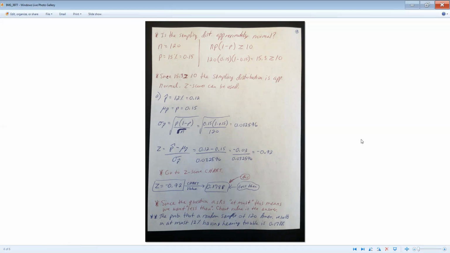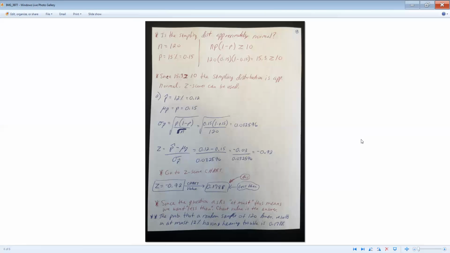That means we can use our z-score application. So going to what we know, p hat is 12%. Our sample proportion is 12%, so that'd be 0.12. According to the relationship, the mean of our sampling proportion is going to be 0.15. And then we can calculate the standard deviation by taking 0.15 times 1 minus 0.15 over 120, and then the square root of that, which is going to be 0.032596.